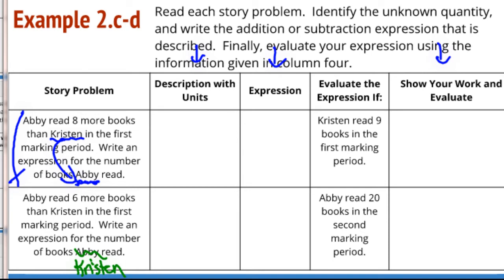So the description with units, this is where I write out my variable, and I'm going to say that K is the number, and I'm going to do some abbreviating, I've got a tight space here, of books Kristen read in the first marking period.